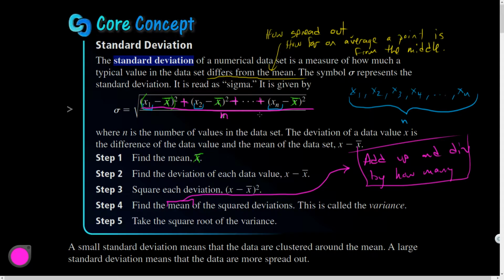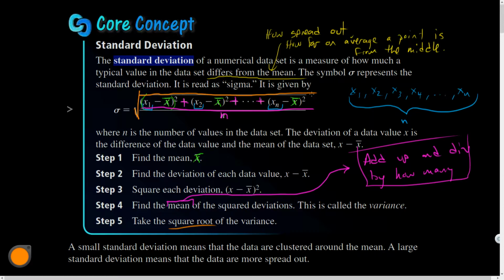Okay? That's what's happening here. They're adding them up and then dividing by how many there are. And then what's the last thing that we haven't done yet? What operation? Right? Okay. All right. Yeah, take the square root. So notice the square root is the last thing. It's the outermost thing going on here that we're going to do.